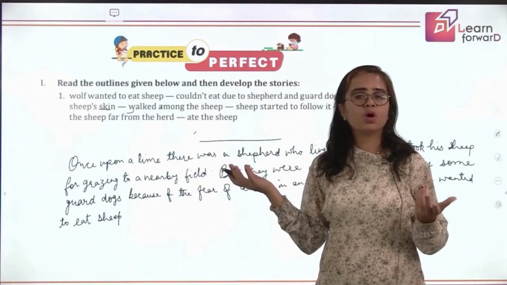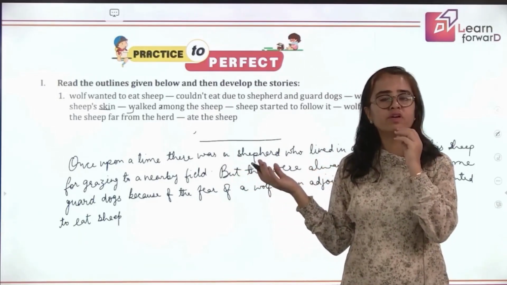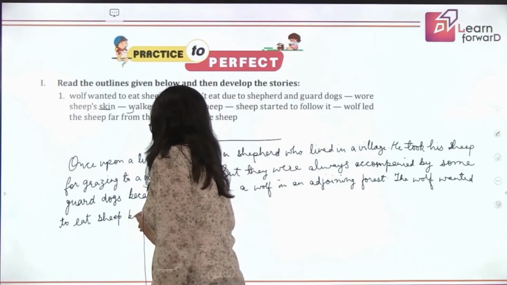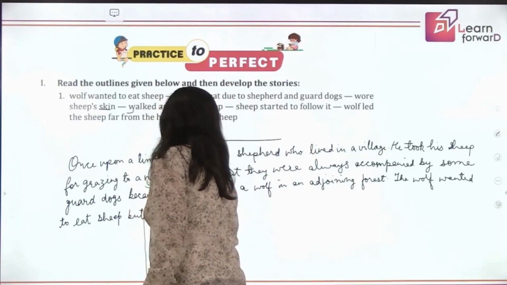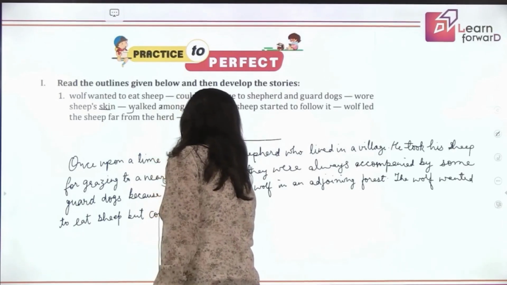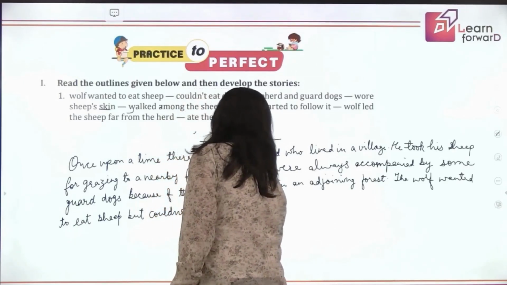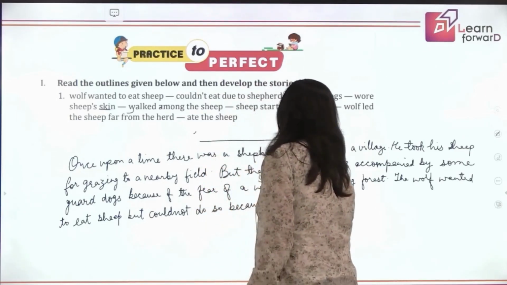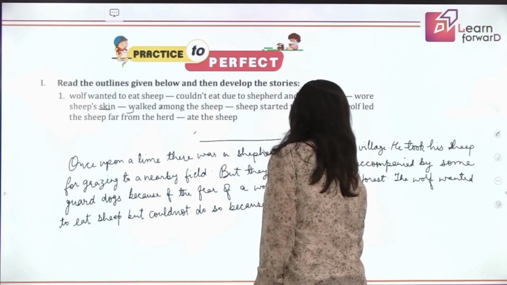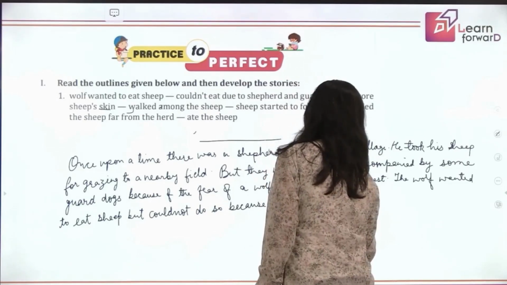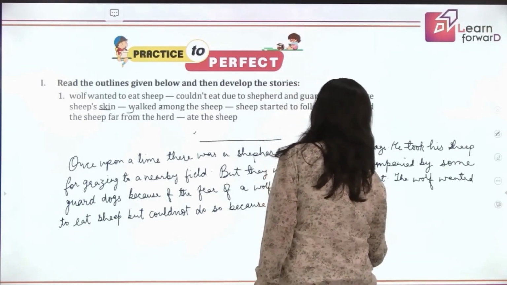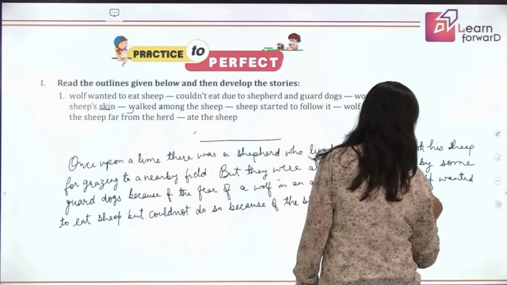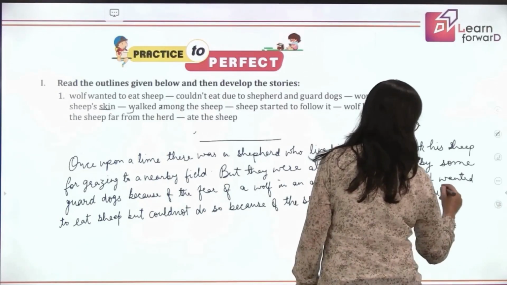Why? Because of the shepherd and the guard dogs. Wanted to eat sheep, but could not do so because of, you can say, the presence, because of the security, of the shepherd and the guard dogs.